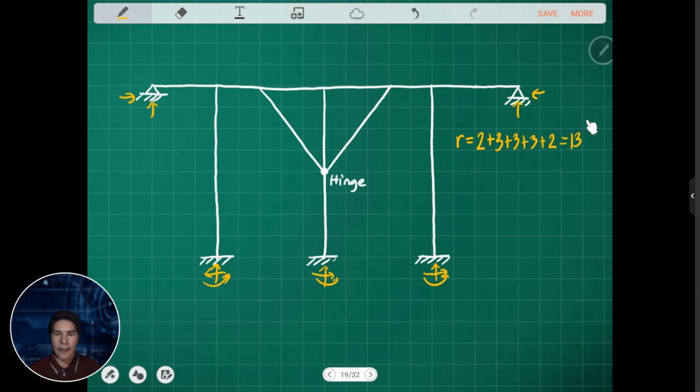So the number of members, we just need to count.